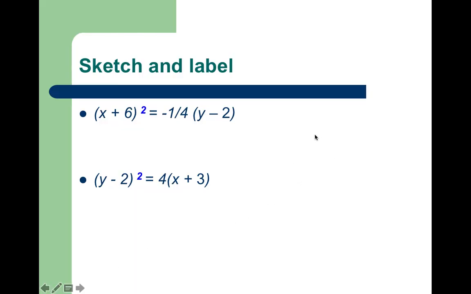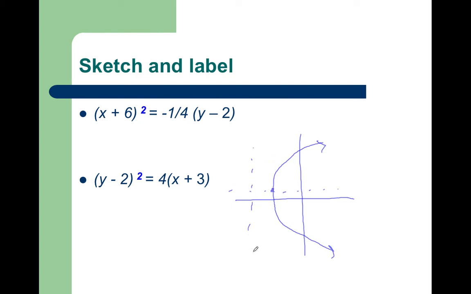So we had the vertex, the line of symmetry, the directrix, and the focal point. The x-intercept was at -2, 0, and we were finding the y-intercept.